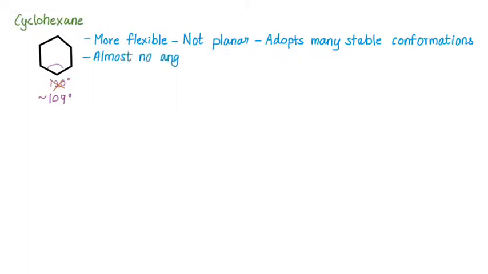By adopting the stable conformations, this molecule can almost avoid all of the angle and torsional strains. There is no angle strain because the bond angle is close to 109.5, and there is no torsional strain because all of the carbon hydrogen sigma bonds are staggered in its most comfortable conformation.